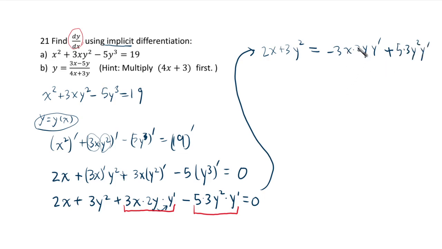Let's simplify this. This is times, not squared. 3 times 2 is 6, so it's negative 6xy y prime. 5 times 3 is 15y squared y prime. And the reason you want to have the y prime on one side is because you want to factor the y prime out.